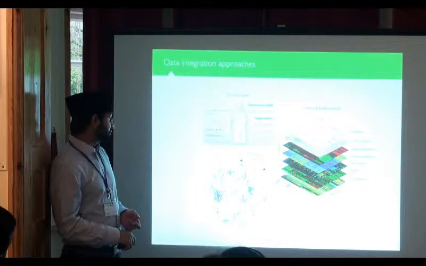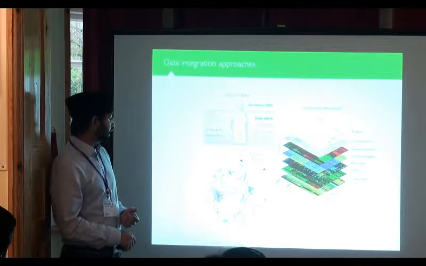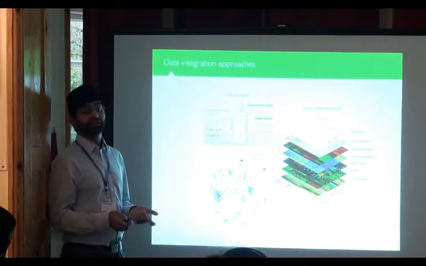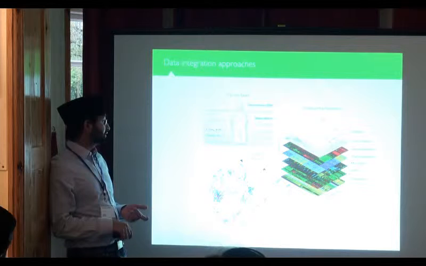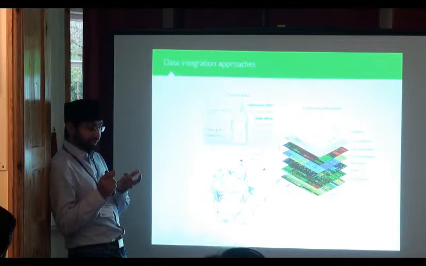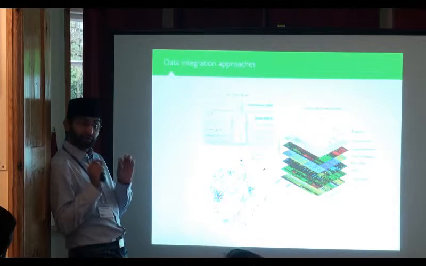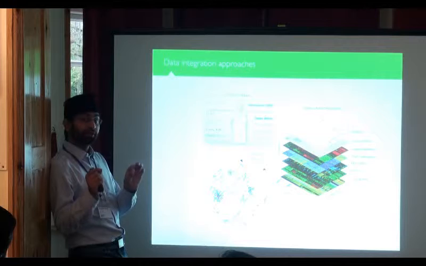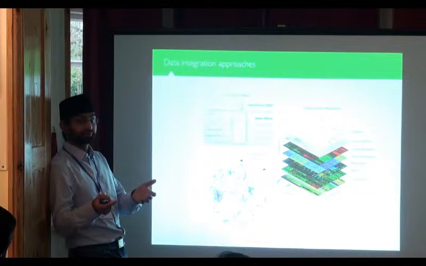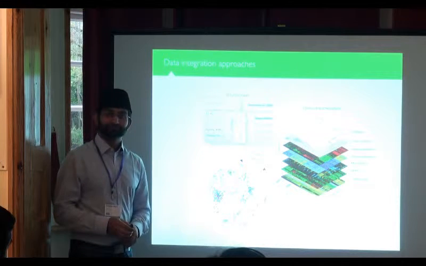Each of these nodes represents a gene, and each of these lines represents a connection between these genes. So the idea is that if you create a picture like this, you should be able to identify something that is specific for that particular cancer type that is important for it to survive, and you can attack it.